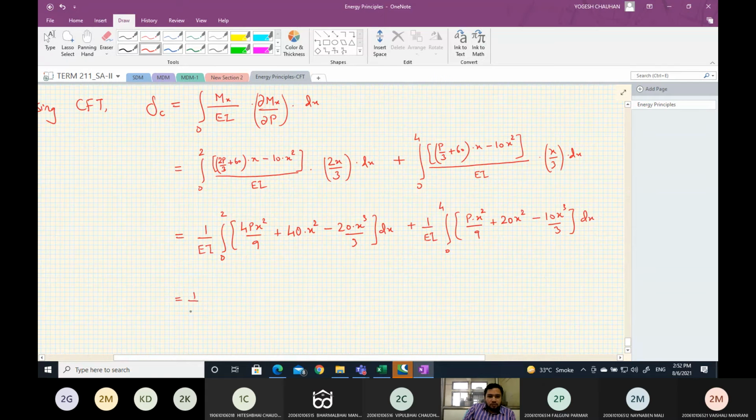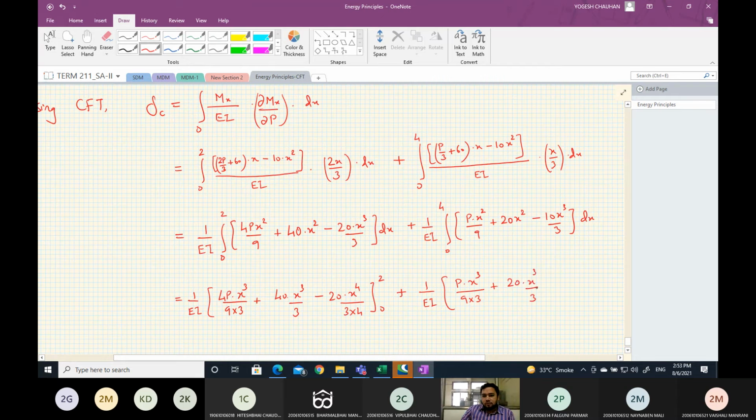Now you integrate this, so 1 upon EI, integration of 4Px square by 9 will be 4Px cube by 9 into 3, plus 40x cube by 3 minus 20x raised to 4 by 3 into 4, limit is 0 to 2, plus 1 upon EI, Px cube by 9 into 3 plus 20x cube by 3 minus 10x raised to 4 by 3 into 4, integration 0 to 4.